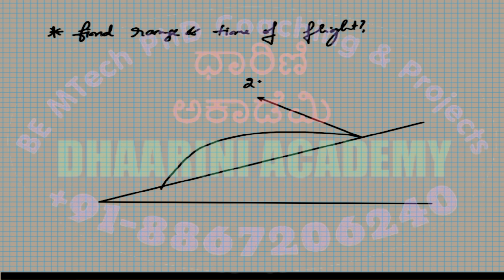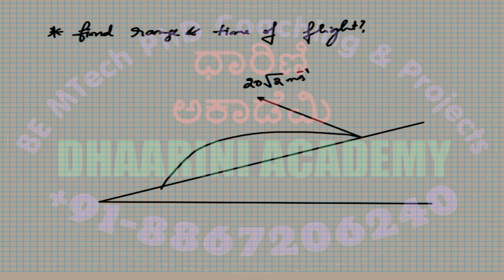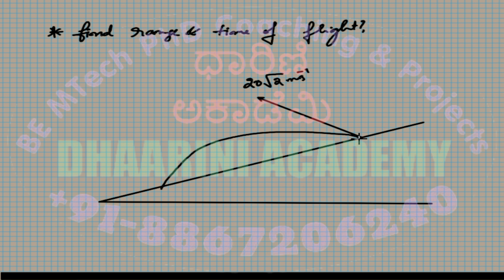So this is 20 root 2 meter per second. If I draw a horizontal axis, then that angle is 45 degrees. And this inclination is given as 37 degrees.